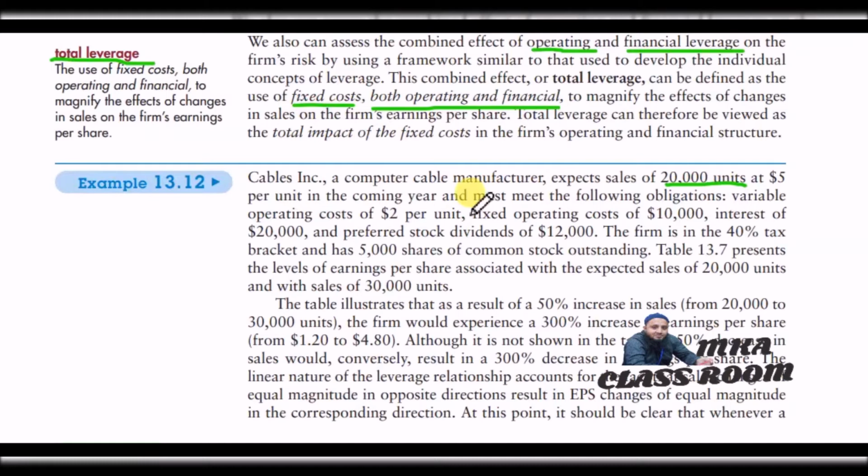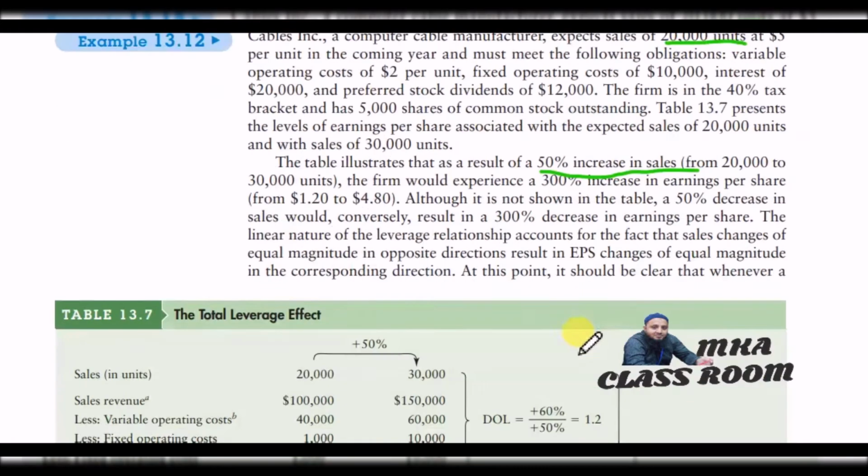Then we can see what will happen to our EPS, and after that we will try to see a 50% increase in sales, and then what will happen to our EPS position.